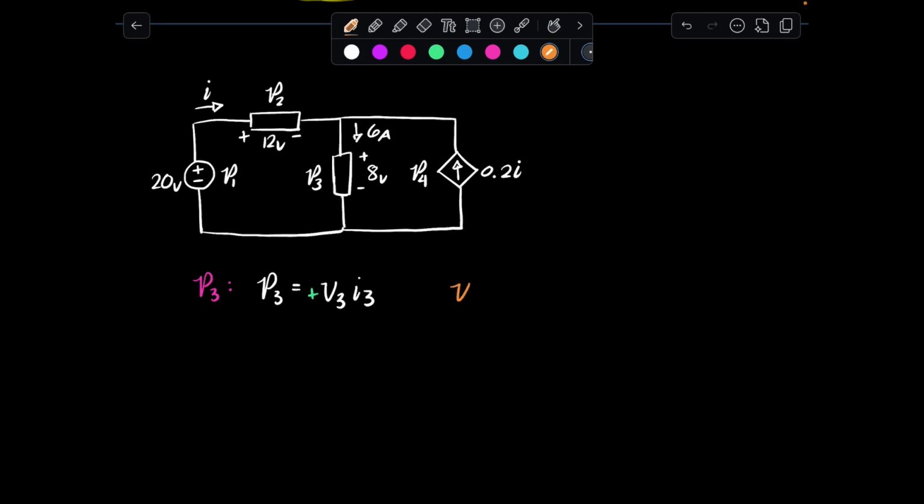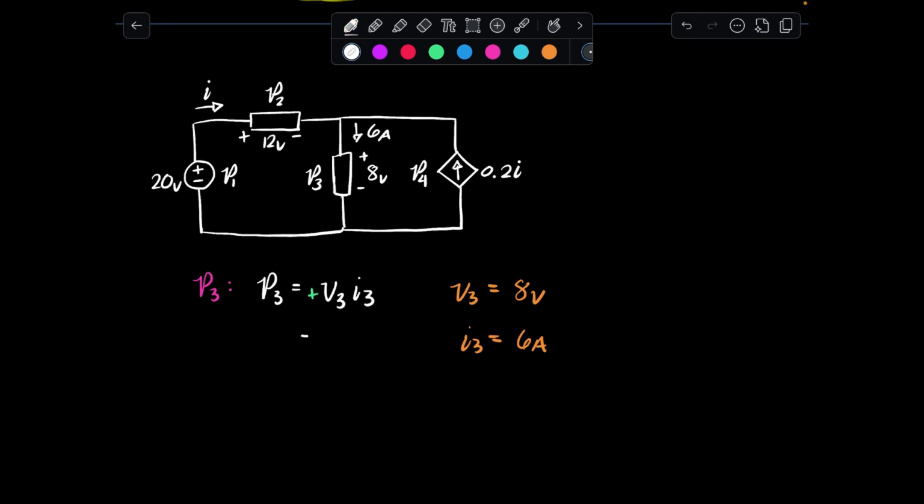For V sub 3, we have a value of 8 volts across the element, and I sub 3 is given here. It's equivalent to 6 amps. That is the current going through the element.